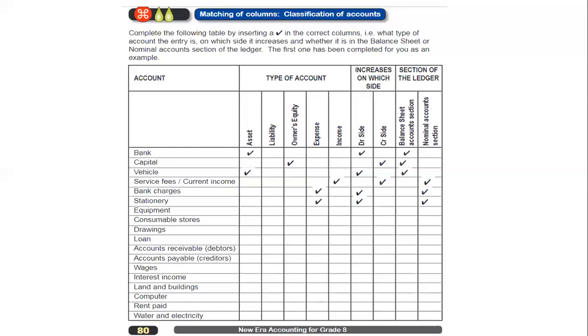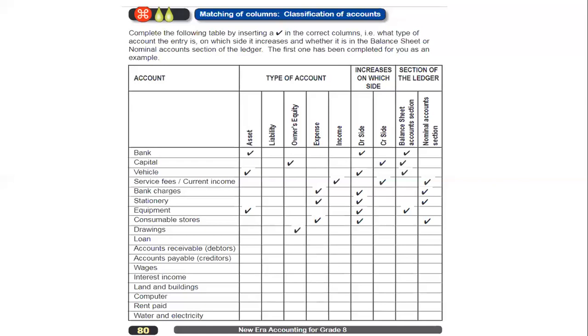And then equipment, these are assets, and they increase on the debit side when they receive, and you find them under the balance sheet section of the accounts. And then consumable stores, these are expenses, and they increase on the debit side, and you find them on the nominal accounts section.